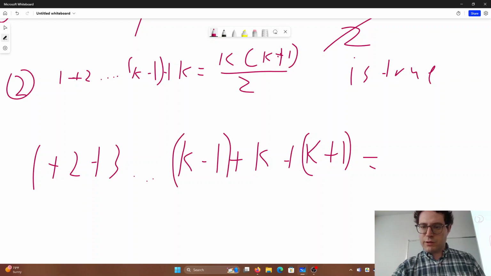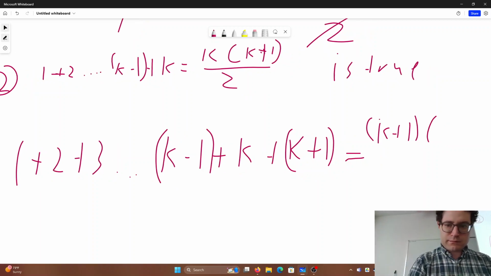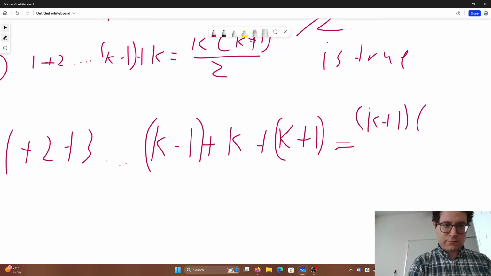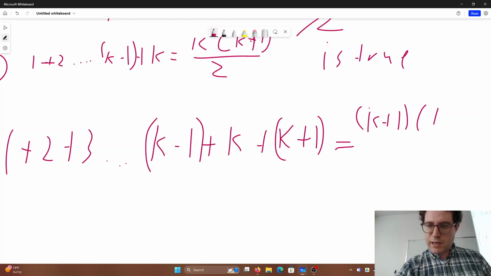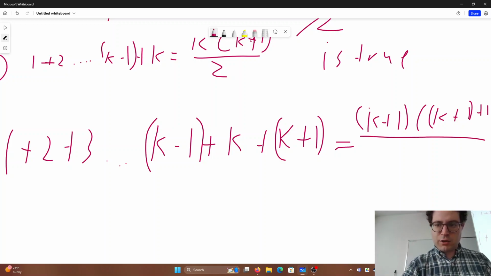This is equal to, and now I'm going to take my old formula and add in k plus 1 wherever I would have had an n: k plus 1 times k plus 1 plus 1, I know, it's the most exciting thing on earth going on right over here, all over 2.